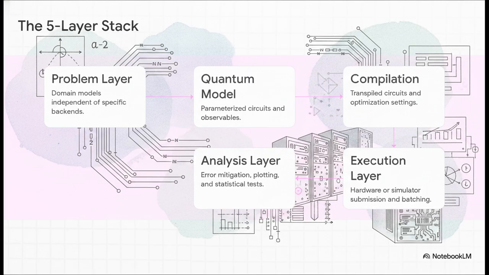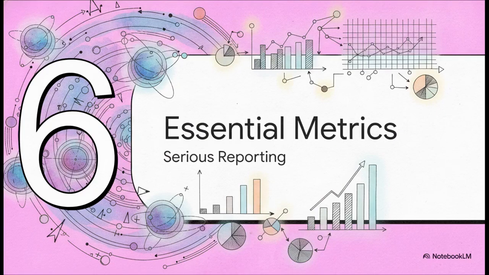Next, the execution layer handles the actual hardware or simulator submission, managing the batching, experiment configs, and your raw results. Finally, the analysis layer takes care of all your reports, tests, error mitigation, plotting, and statistical analysis. By strictly separating your problem logic from your backend logic, you preserve all the vital evidence you're going to need for later comparison.